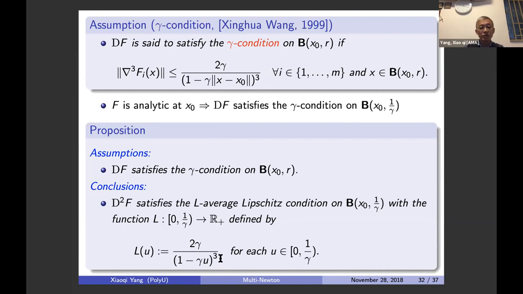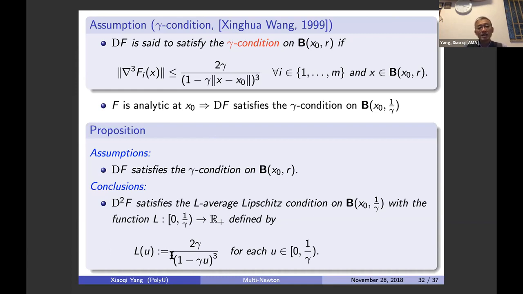So we can use this non-decreasing L function, and we can show that the Hessian of the objective function is L-average Lipschitz, with L defined by this one here.